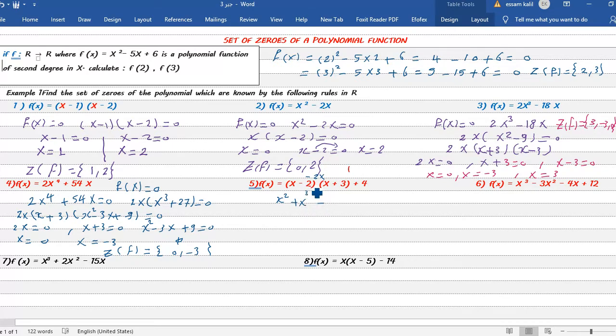Plus the term negative 2 times 3, so it becomes 6, plus 4 equals what?